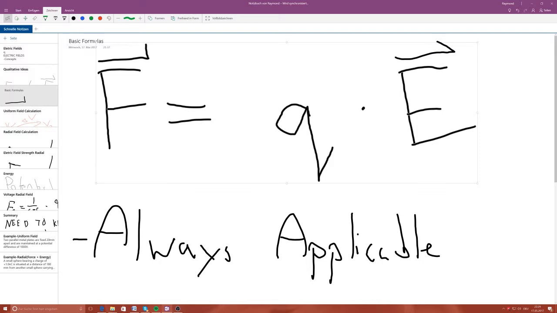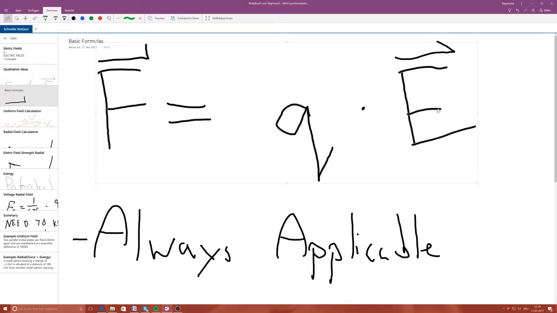So what does this tell us? It tells us that the force that an element feels in an electric field is its charge times the electric field strength. And this makes sense. The stronger the field is, the stronger the force your proton will feel. The more charge your proton has, or the more charge your electron has, the more force it will feel.